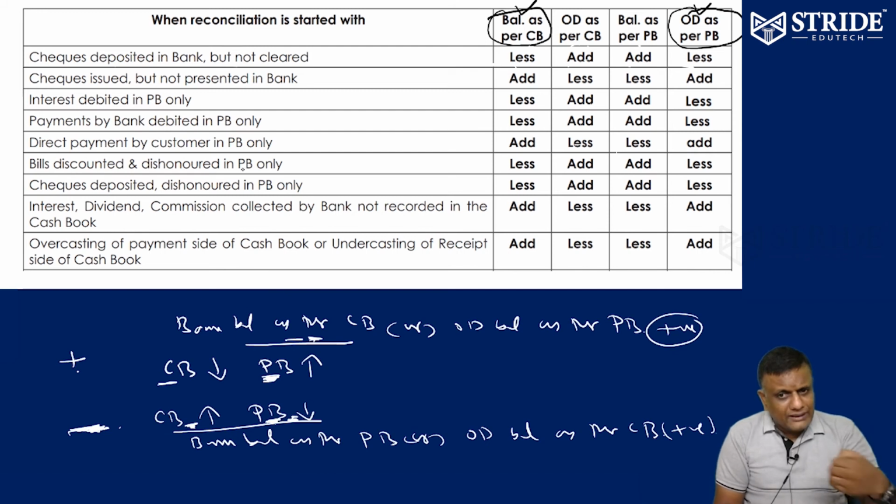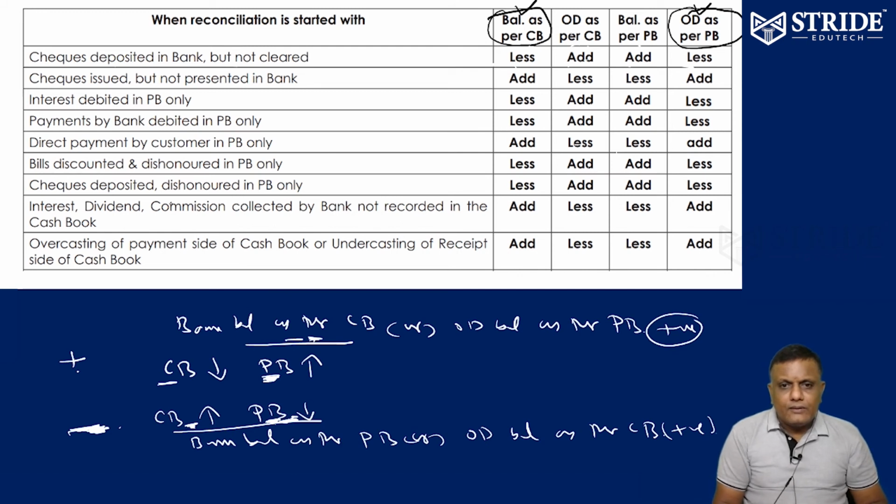Automatically my banker will deduct the payment from my bank account. Earlier, the bill discounted amount, they credited in my bank account. Once it is dishonored by my customer Nandini, automatically what happens? The bank people will take the money from my bank account. Automatically it should be subtracted. My passbook shows lower balance, therefore it should be subtracted. Therefore it is called less. The reverse case is called add.